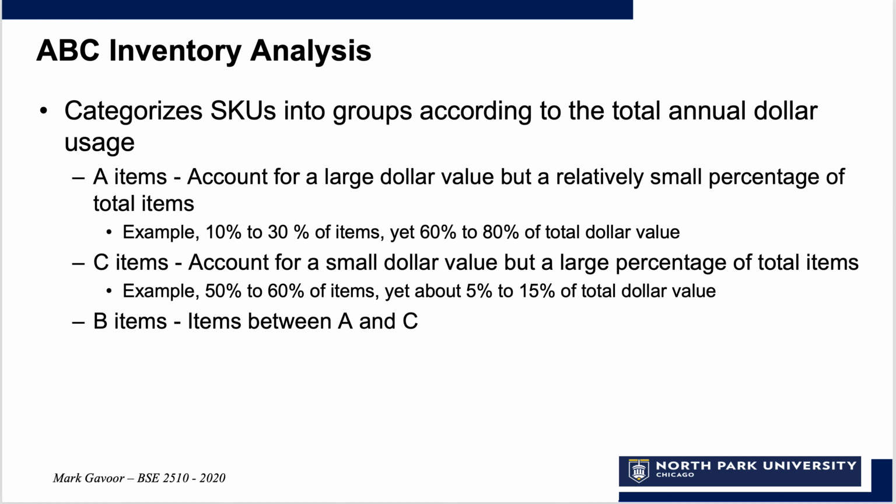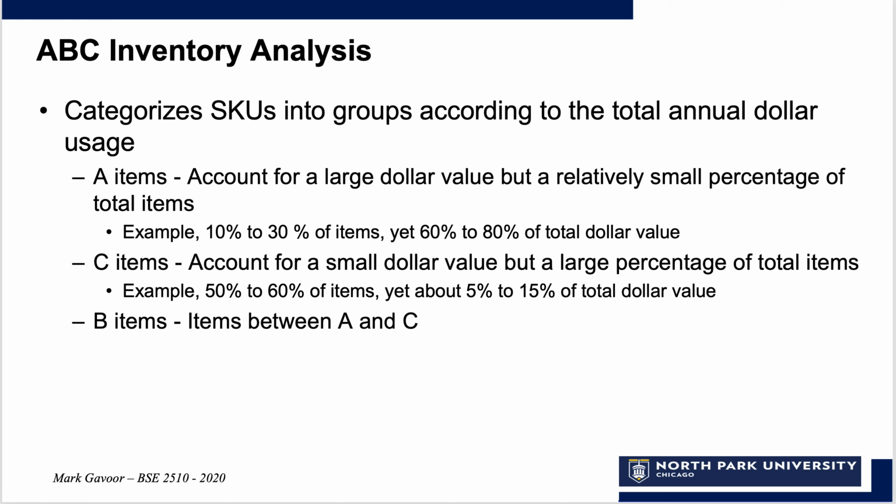ABC inventory analysis is really kind of an important thing. We categorize inventory into groups according to the total annual dollar volume of sales. A items, and you want to rank order all your items from the one that sells the most to the one that sells the least.